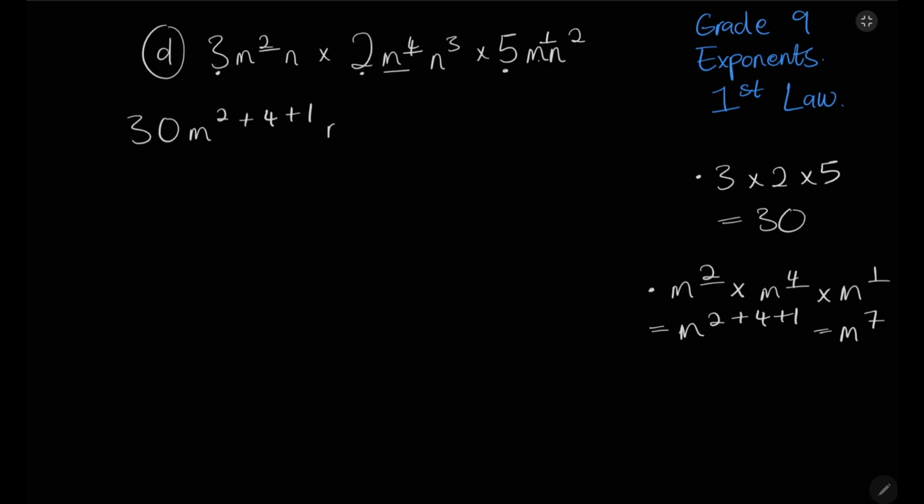Now let's move to n. In terms of n, we have n times n cubed times n squared. Do you have the same base? You have n, n, and n. Yes, so we write down our base. This first n is basically n to the power 1.